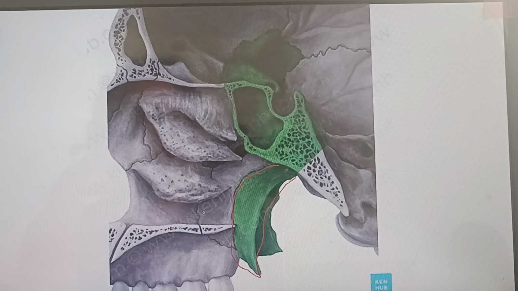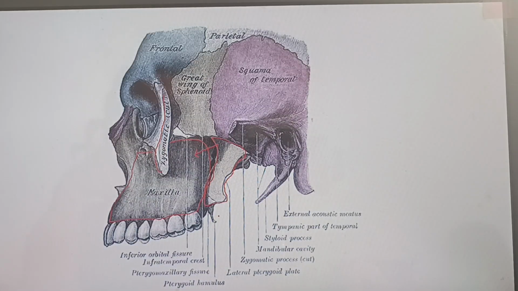Now here there is the vertical plate of the palatine bone. So medially the medial pterygoid plate is articulating with the palatine bone, while laterally the lateral pterygoid plate is articulating with the maxilla.